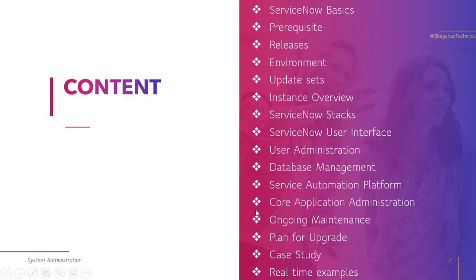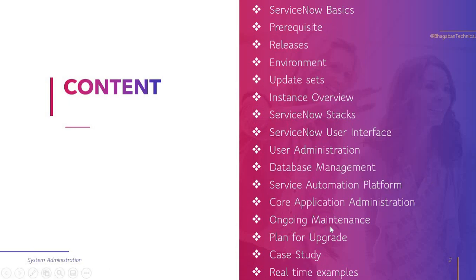And then we'll move into core application administration, where we are going to see how we'll manage the entire platform, what the different rules are, and how we'll create or assign record-level access. You can also give some rules, and how we will restrict that information, we will see here.